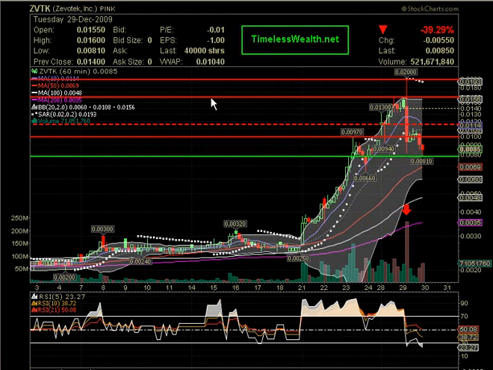The second level of support that is very evident on this chart is the 50 period simple moving average, and that would be this red line right here at 0069. Let me just adjust that there. Something like that.